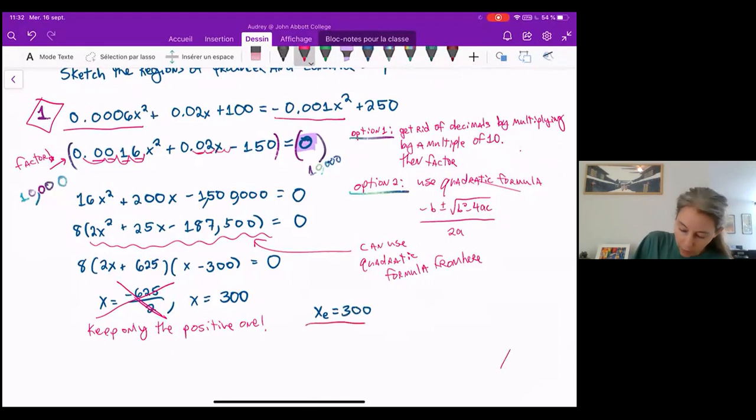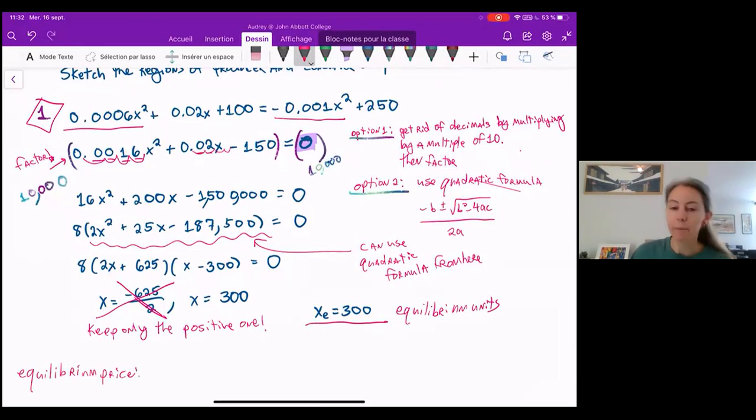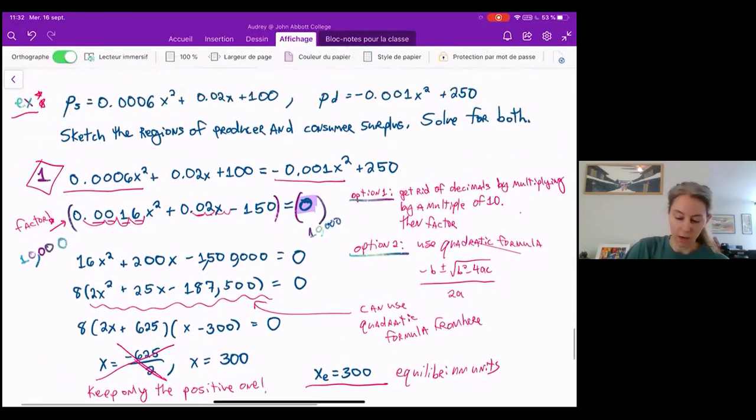And now I want to find my equilibrium price. So this is equilibrium units. So my equilibrium price, I can plug that equilibrium units into whichever one of the functions that I want. I'm going to go ahead and plug it into the demand function.